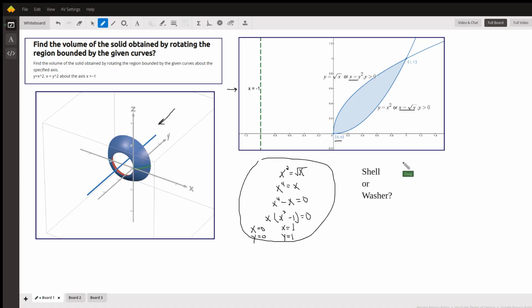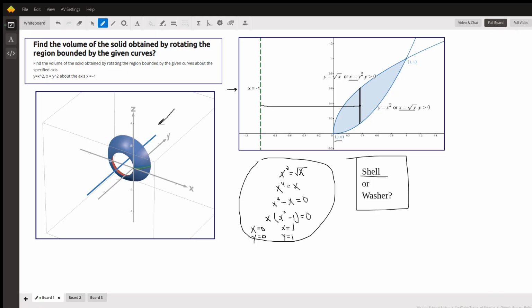And you have to make a decision whether to use the shell method or the washer method. If you use the shell method, your typical shell wall is parallel to the axis of revolution, which is this line x equals -1. And you also need an expression for the average radius, which is the distance from the center of the shell to the axis of revolution.